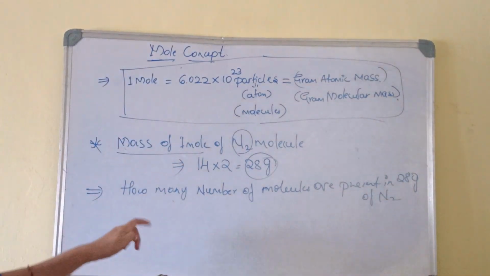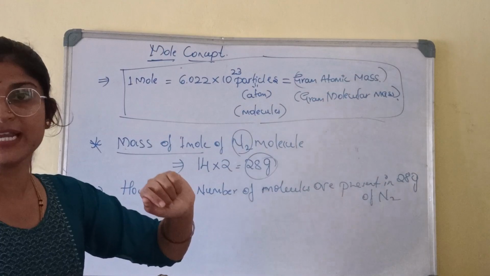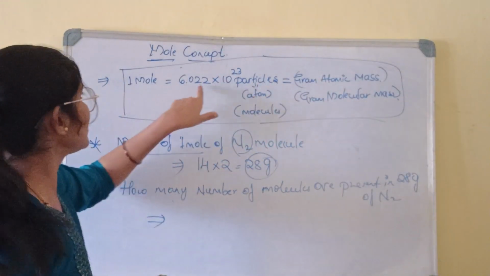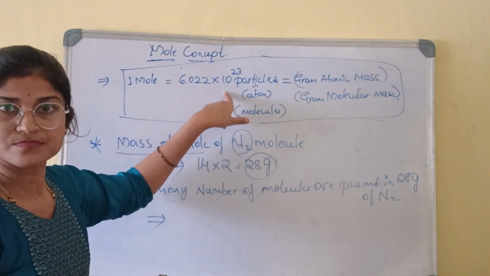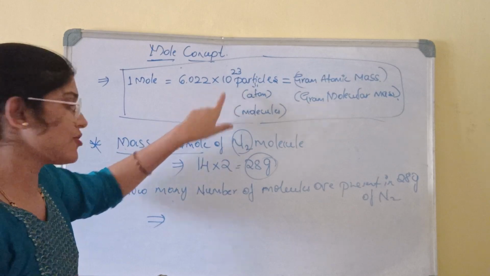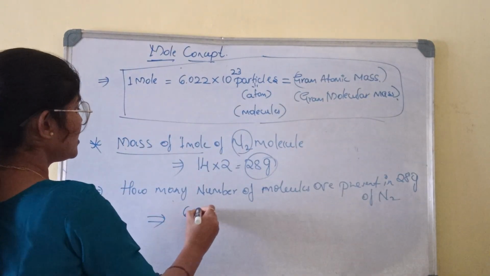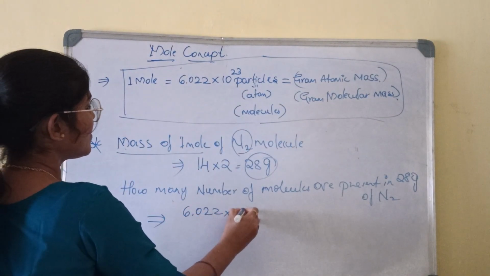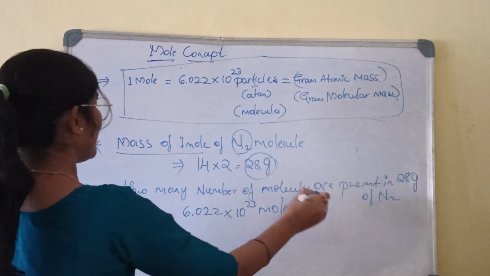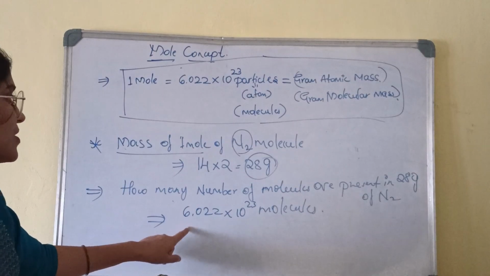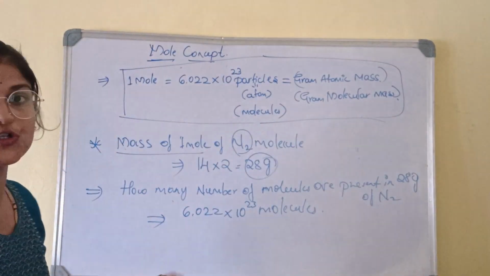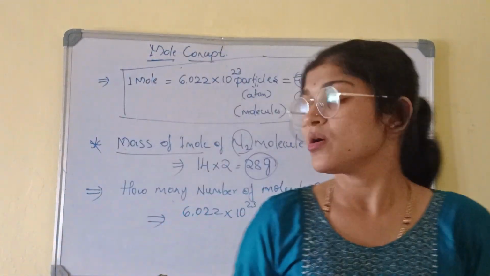Here, gram molecular mass is equal to 1 mole of molecules, so it is nothing but 6.022 into 10 to the power 23 molecules. That is the number of molecules present in 28 gram of N2.